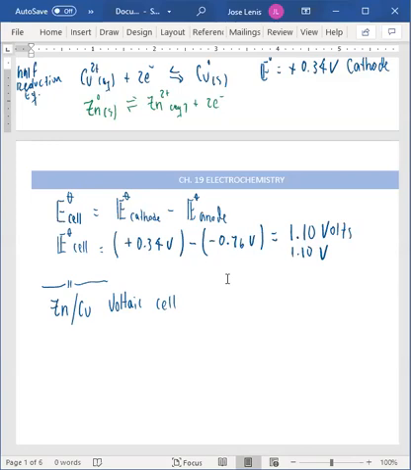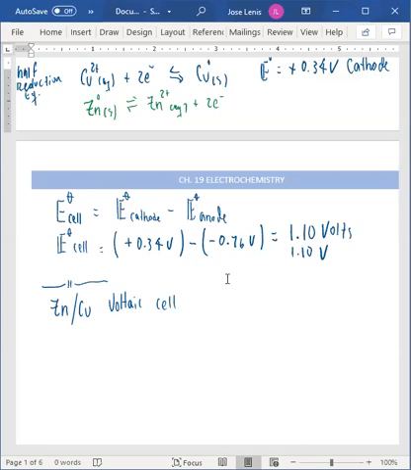On one hand, voltaic cells use a spontaneous redox reaction to produce electricity, in other words, the flow of electrons through a wire.